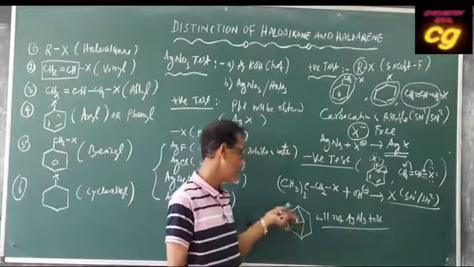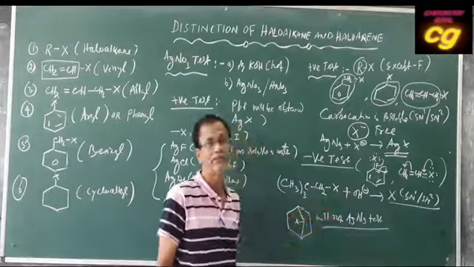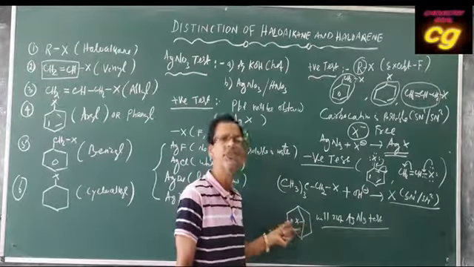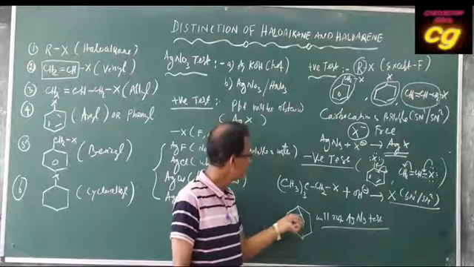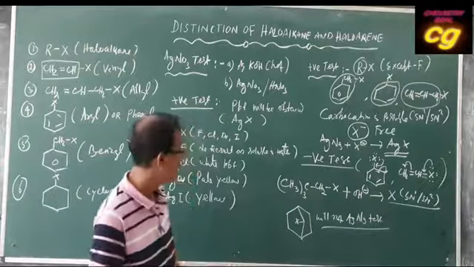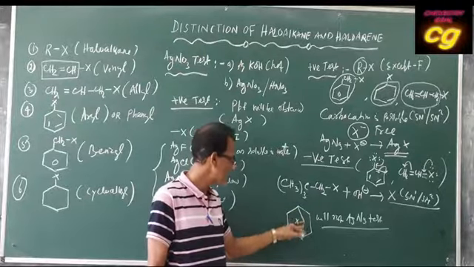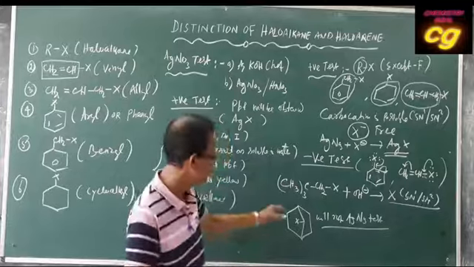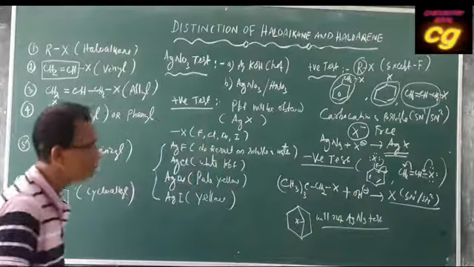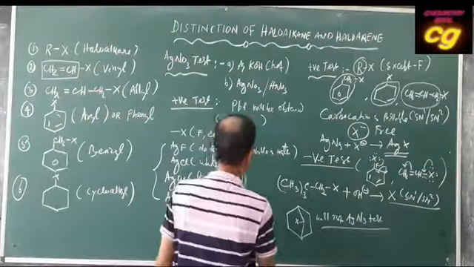This bicyclo compound also opposes the attack of the nucleophile, and another thing is it cannot produce a carbocation. So it cannot give SN1 reaction, and it cannot give SN2 reaction. It will not produce X minus, because carbocation is not possible, and this bicyclo group will obstruct the attack of the nucleophile. That's why this type of compound will not give the silver nitrate test.